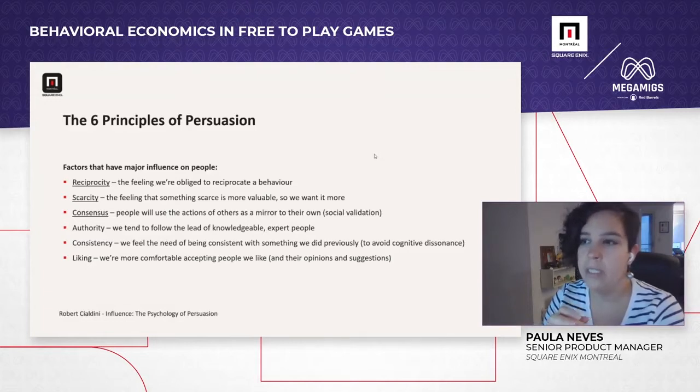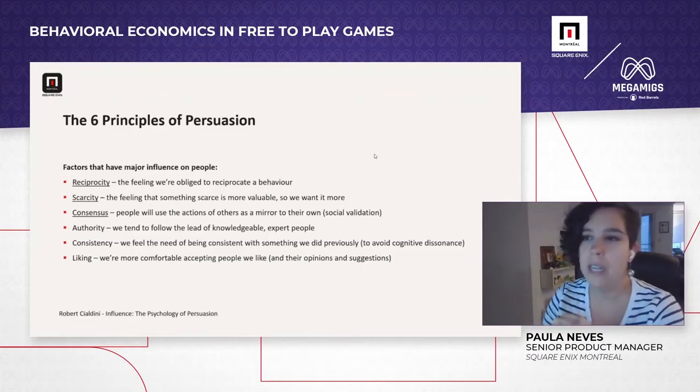Authority, so authority is the need to tend to follow the lead of a knowledgeable expert person on a subject. Consistency, again, cognitive dissonance. It's the need of being consistent with something that we did previously or something we chose. Liking is we're more comfortable accepting people we like and their opinions and suggestions.